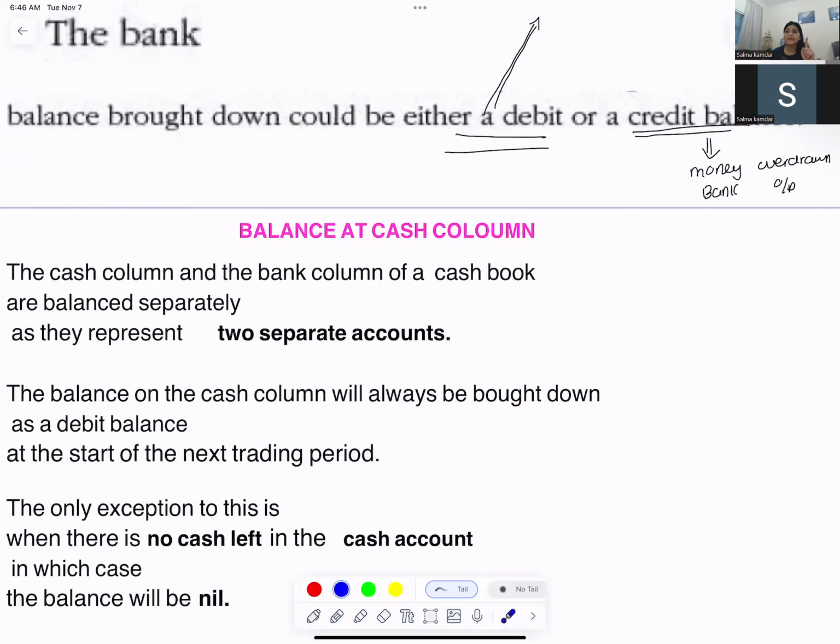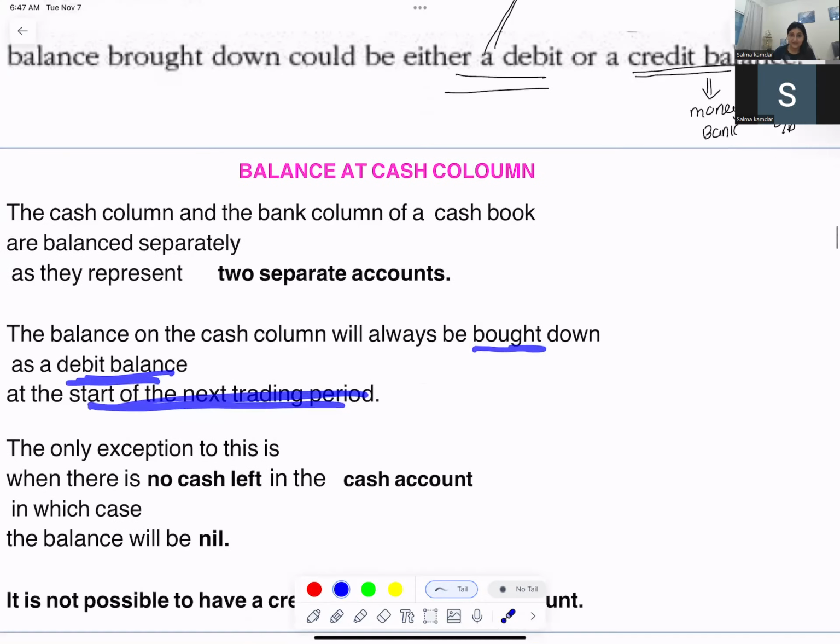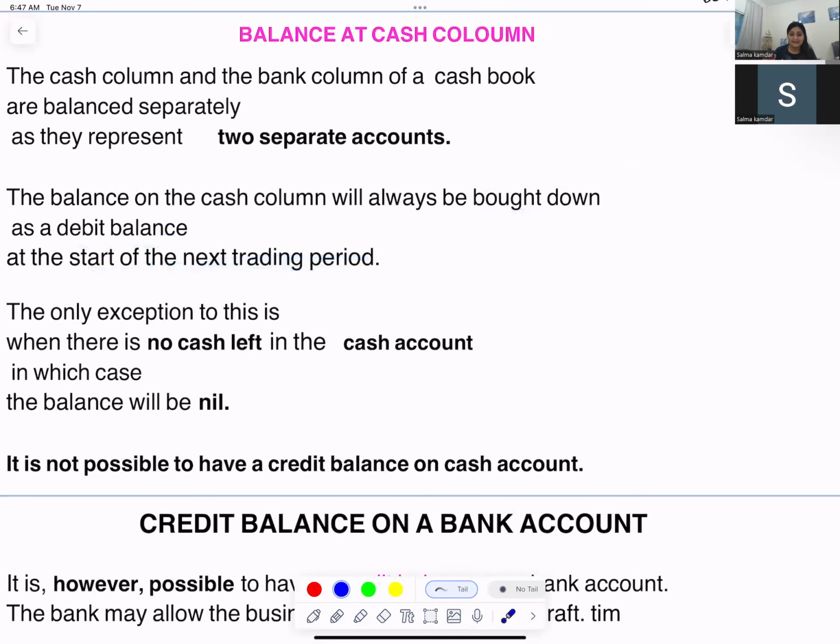Cash account will always have a debit balance. Closing balance would appear on the credit side, and when you bring down the balance, it will always be a debit balance at the start of the next trading period. The only exception to this is when there is no cash left in the cash account.